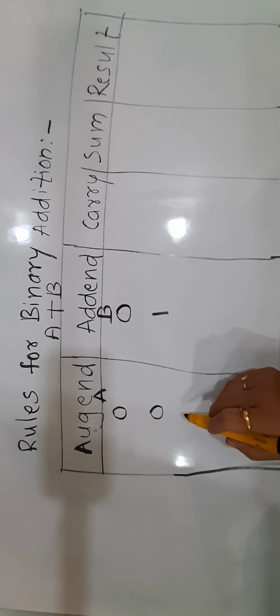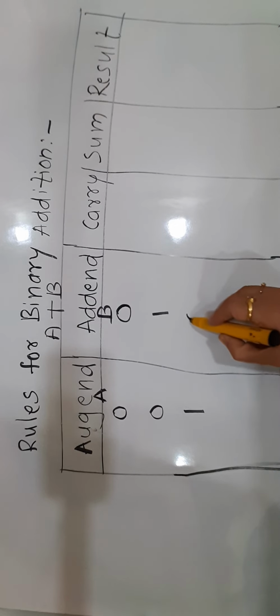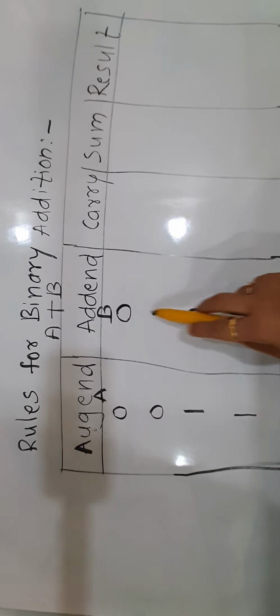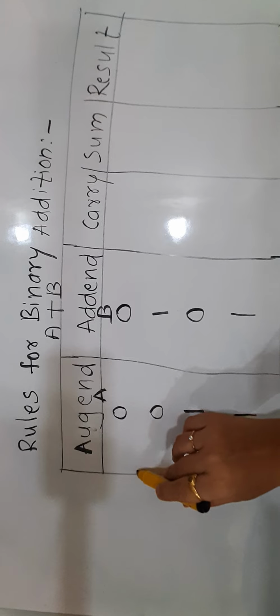Another combination is a is 1 and b is 0, or both can be 1 1.